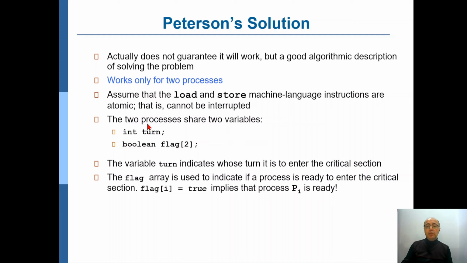One is turn, and the other is actually an array of two Boolean values, flag. Turn will be indicating whose turn it is to enter the critical section, and flag will indicate if a process wants to go into its critical section or not.